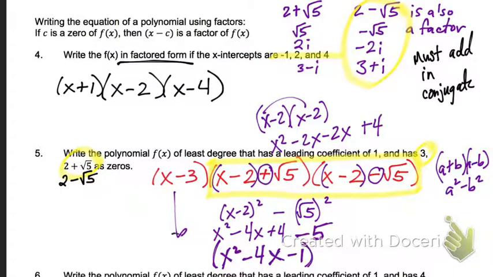And then I still need to bring this down, and it becomes x minus 3. So I've got this. I'm still not done, though, because I need to simplify it even more by multiplying this out.